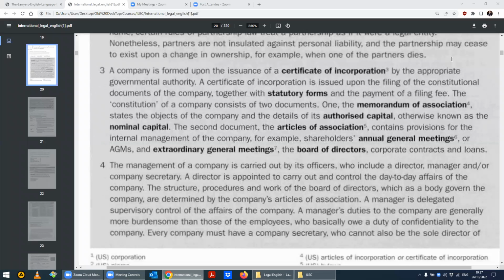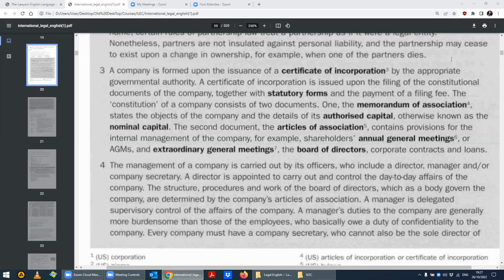Provided the documents are in order, the National Registry in the UK, it's called the Companies Register, the Registry of Companies at Companies House in Cardiff, down in Wales, will issue a certificate of incorporation. This document is evidence, proof that the company actually exists.